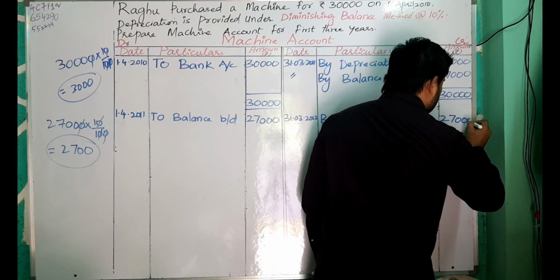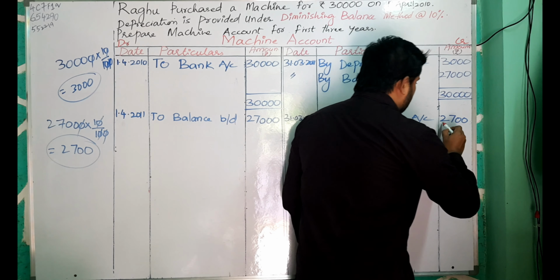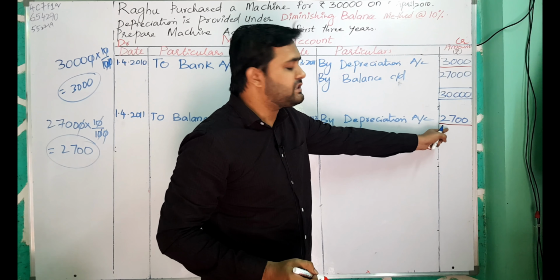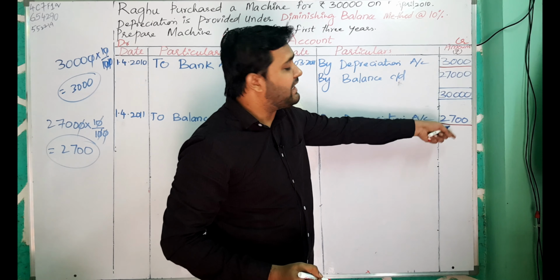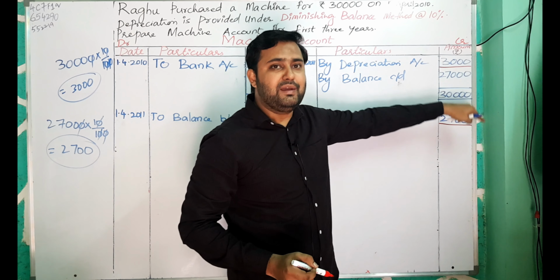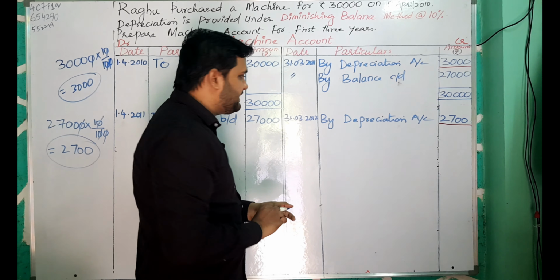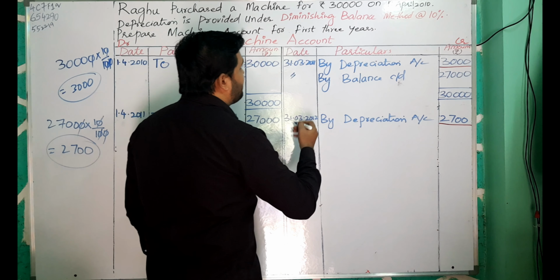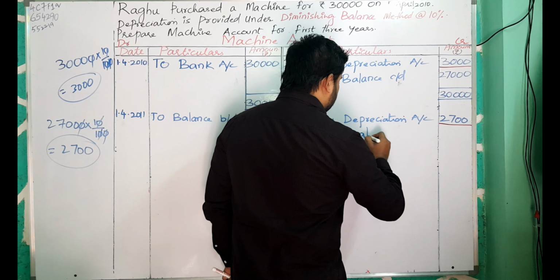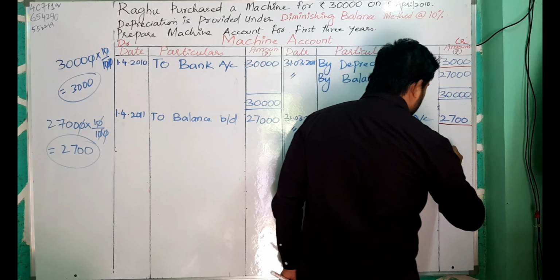2,700 is the depreciation. Now look at the depreciation amount here. In the first year it is 3,000, in the next year it is 2,700. Both are not the same, not constant. It changes because we are following diminishing balance method. In the next year also, you will find a different depreciation amount. By balance carried down, how much would it be?